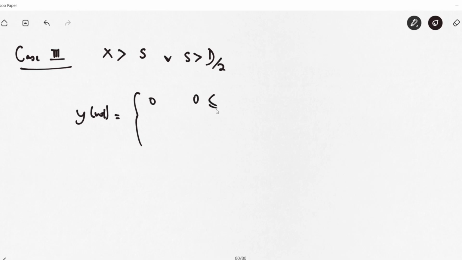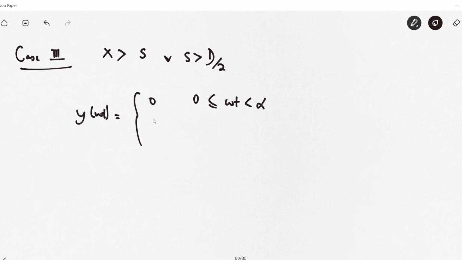Case 3 is what we need to focus on, where x is greater than s, and s is greater than d by 2. In that case we need to find out the output waveform. So y of omega t will be equal to 0 for omega t varying from 0 to alpha.